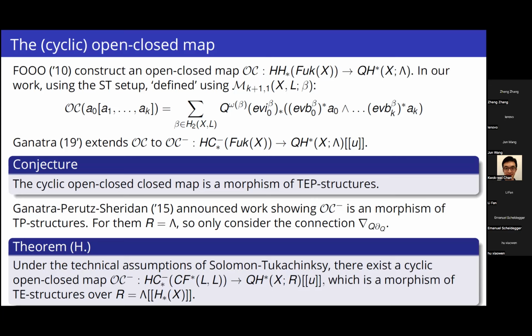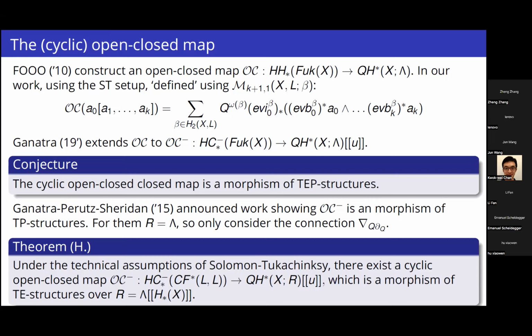But the effect is that I obtain a morphism of TE structures. So I include the connection in the U direction. And the other bit that I do is that I work with all possible bulk deformations of the A-infinity algebra. So this is basically a connection in all the base directions. Okay, thank you.